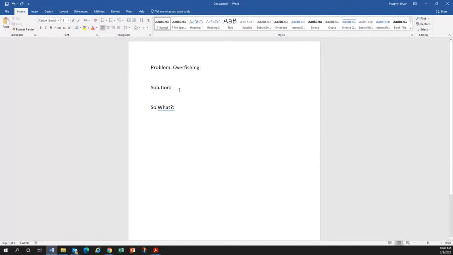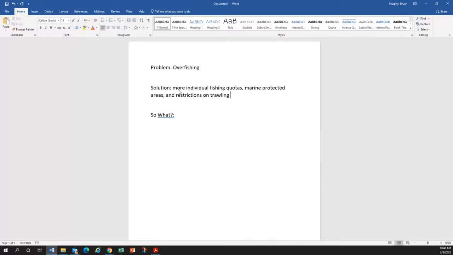The solution, we know what we need is more individual fishing quotas, marine protected areas, and restrictions on trawling. Now we got those as 3 solutions based on that one text that we found.